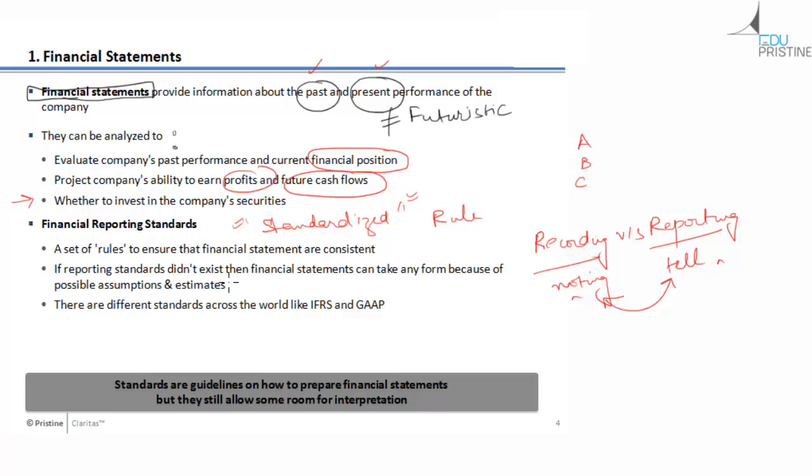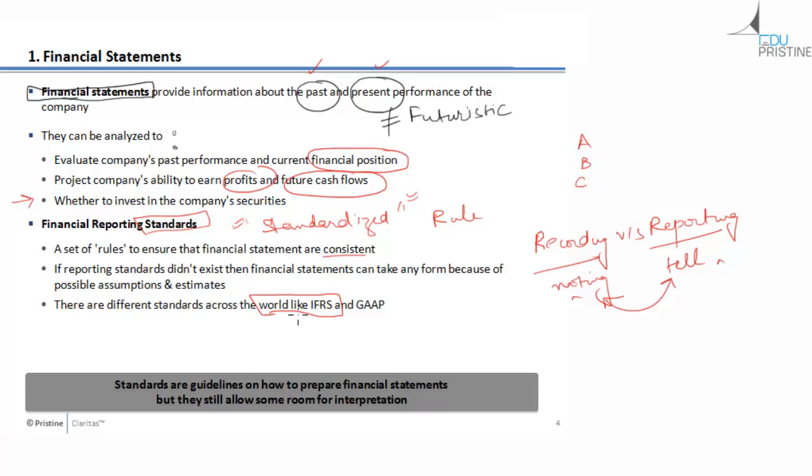So the long and short of it is that the financial reporting standards are the set of rules which are mandatorily to be followed to ensure that the financial statements are consistent. Every country has a specific standard. Let's say in the US we follow the US GAAP.